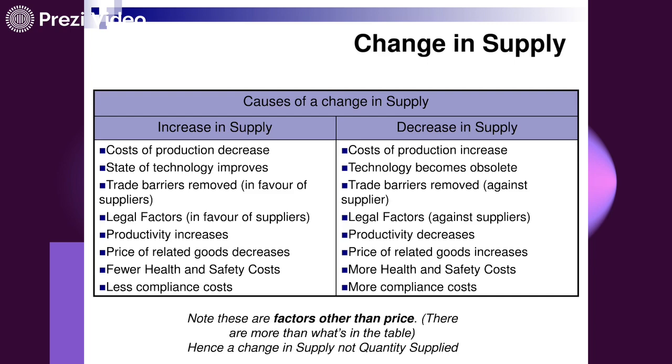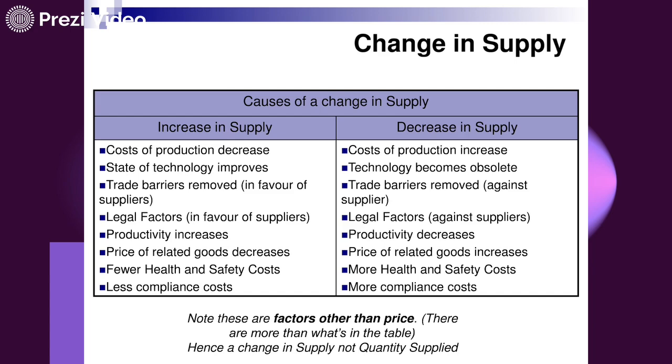Trade barriers are removed in favor of suppliers. So let's say, for example, that there used to be a restriction and I couldn't send my berries overseas. Now that trade barrier has been removed, so I can now export my berries overseas. That's going to increase my supply. Legal factors, that can be anything, but it could be in regards to costs or production, and then same.